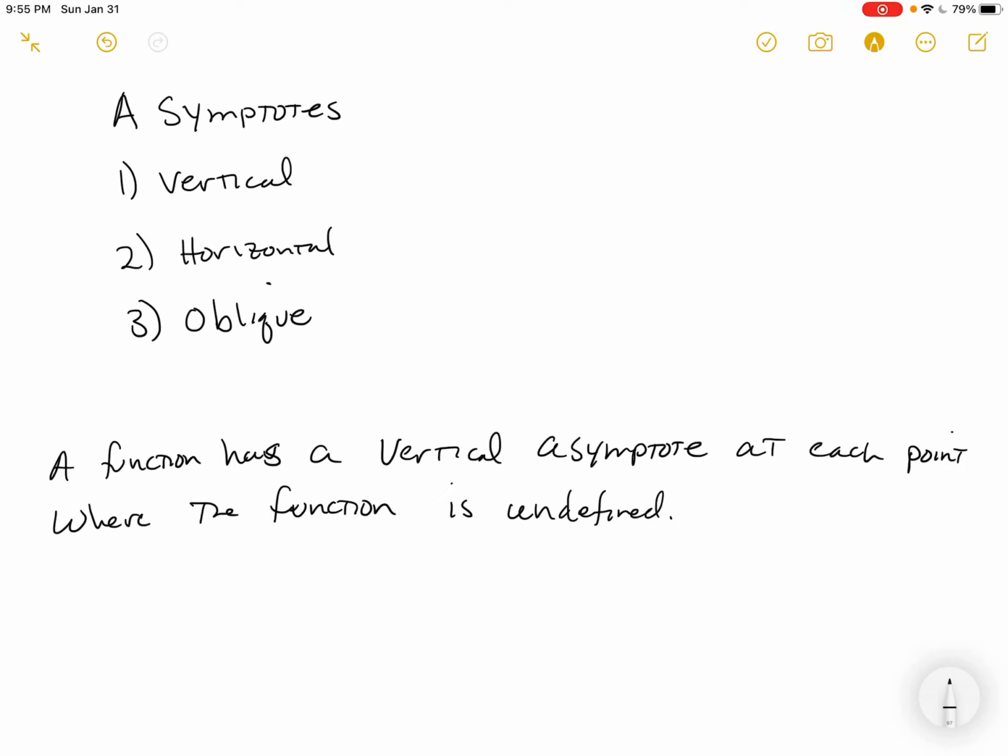Okay? And so essentially these are where we have domain restrictions. Okay, but I want to be careful about that. This is better stated like this.